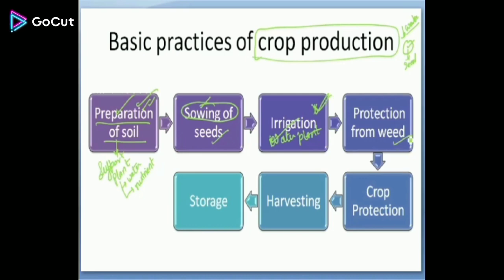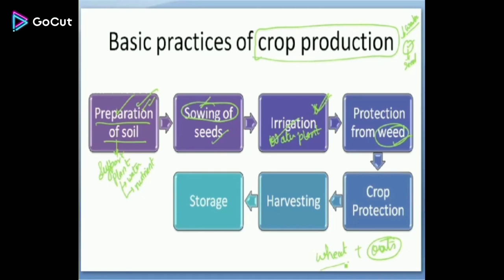Next is protection from weed. Now what is a weed? A weed is a plant that is undesirable for us. Suppose we have wheat growing in a field, plus we find that a few oat plants are also growing along with wheat.